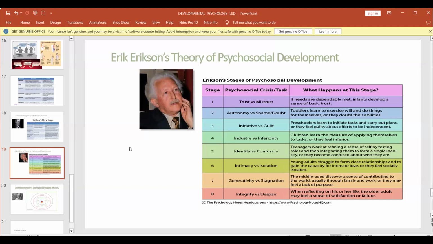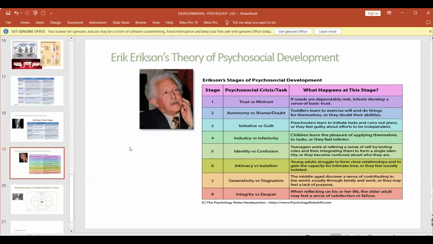Right. So what are these social needs? And if these social needs are not fulfilled, what will be the deviation? That is what he looks at. According to Sigmund Freud, psychosexual development happens in 5 stages.